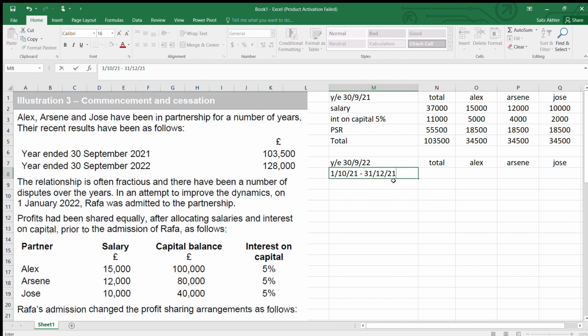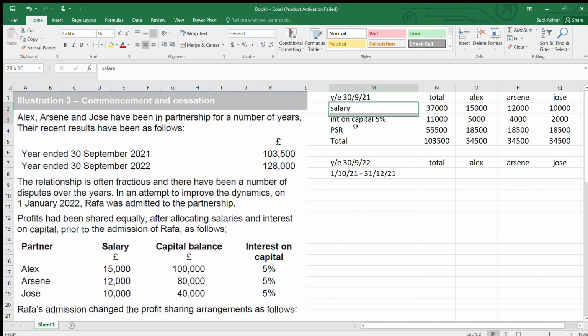Why 31st December 2021? Because for these 3 months, for this year end, there were 3 partners. He joined on 1st of Jan 2022. That's why. So for 3 months, you can take only the 3 partners. After that, you have to take Rafa as well. That is from 1st of October 2021 to 31st December 2021.